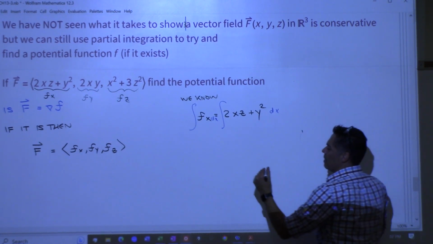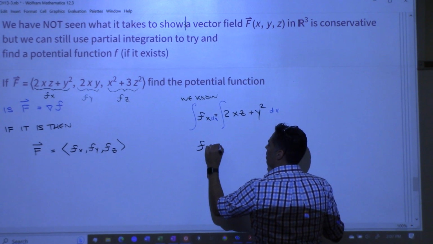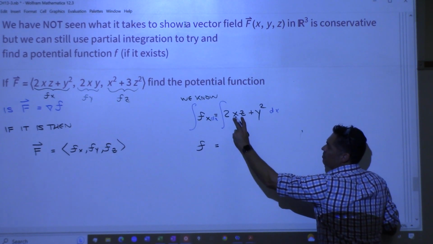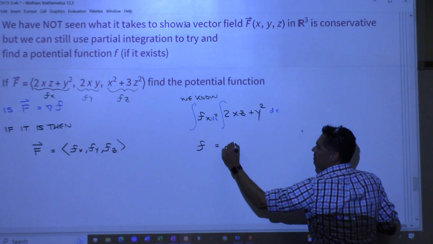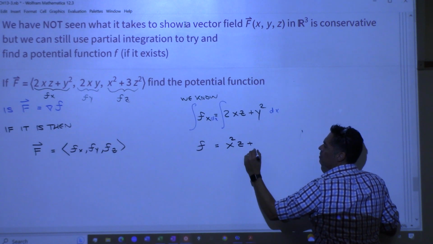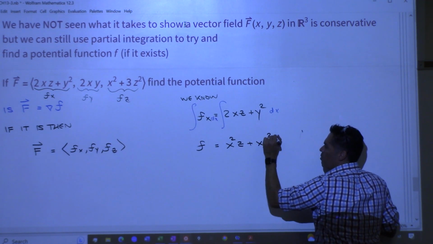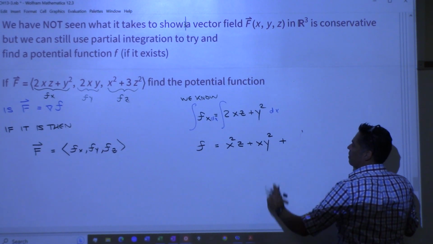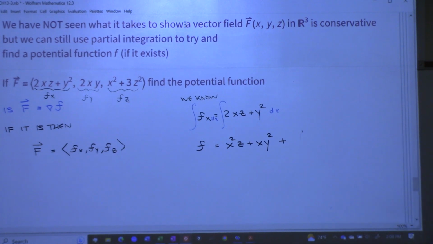On the left side, we get little f. On the right side, we're going with respect to x, so z is a constant here. We should just get x squared z plus x y squared, or y squared x, however you want to write that. Plus it could have y's in it or z's.